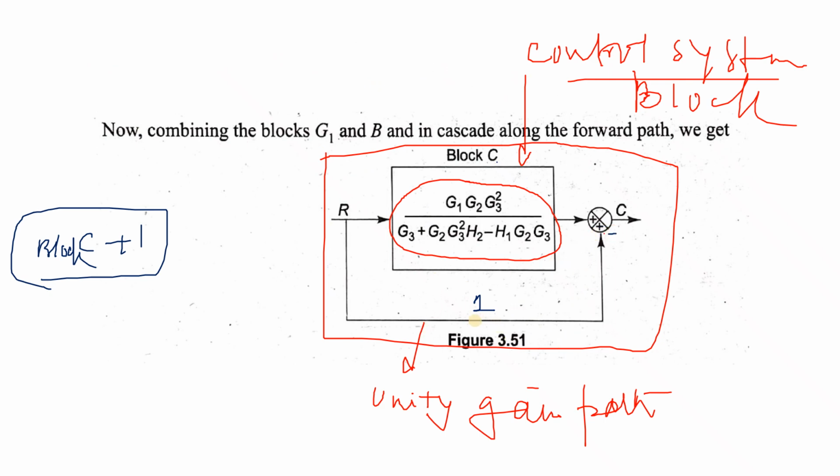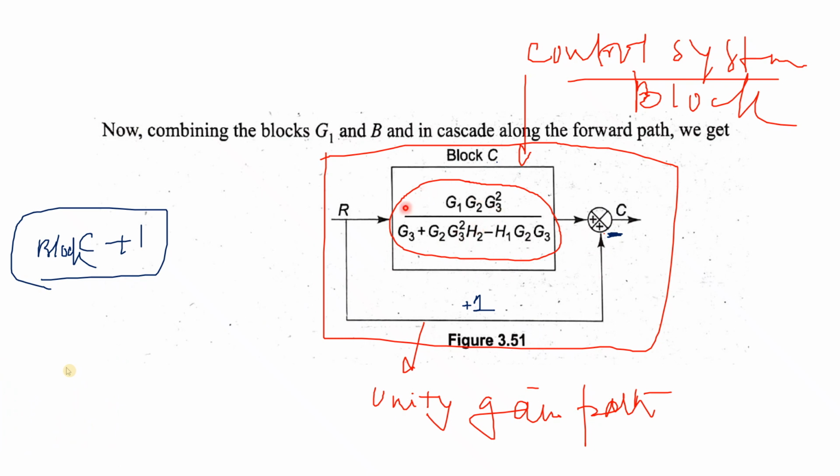If this one was minus, then also it is not a feedback, because again it is a forward path gain, but the gain is negative. That means it is minus 1. That is why you are getting minus over here. You don't write minus 1, you write 1, but if you mention minus at the summation point, it is obviously understood that it is a negative gain.